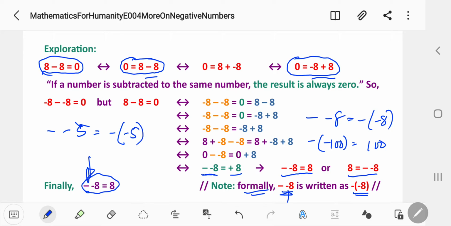It's the same. So you can write this one with those symbols. These are called parenthesis symbols.